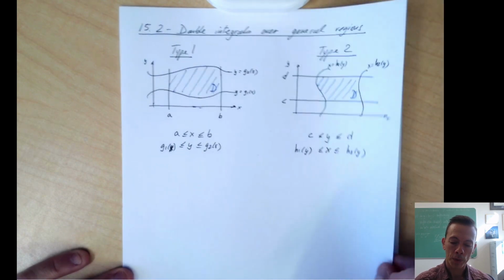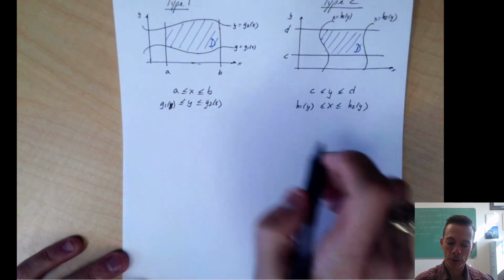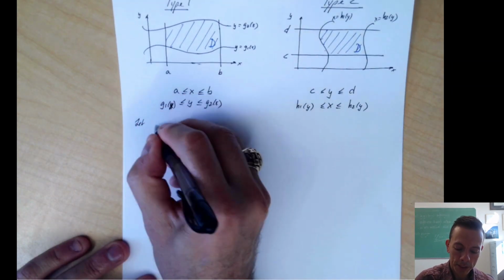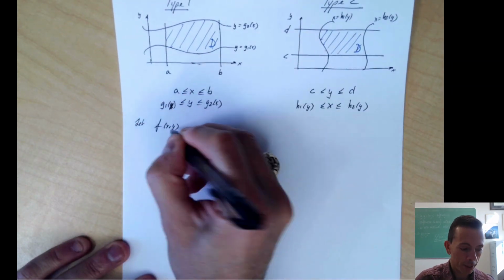So now we want to integrate a function of two variables over a domain of either kind. So let's take a function f of x, y.